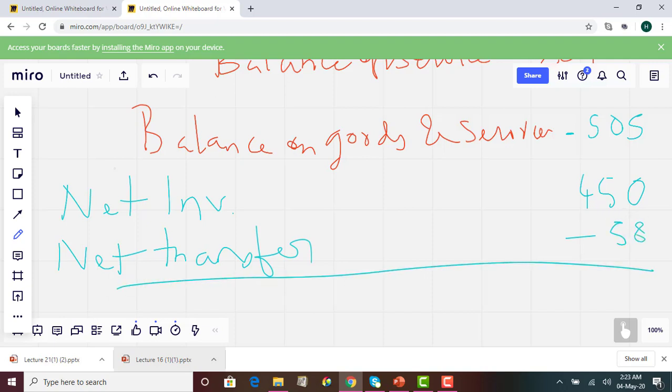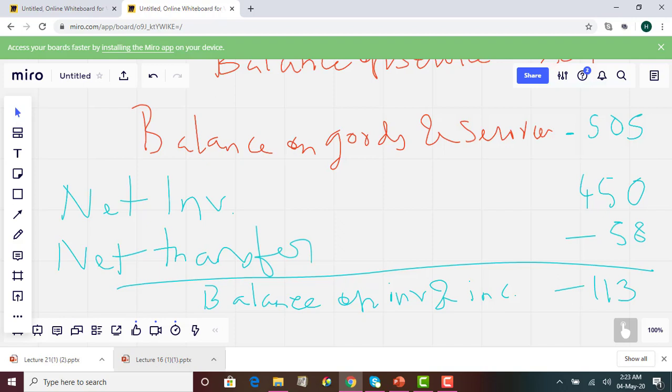So now we have the balance on investment and income: we do 450 minus 58, which is minus 113.